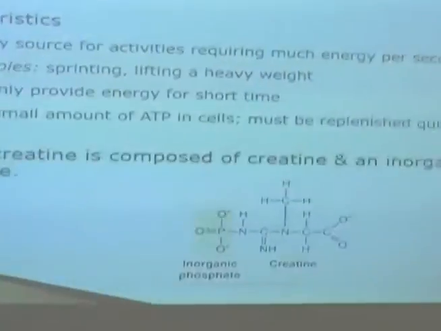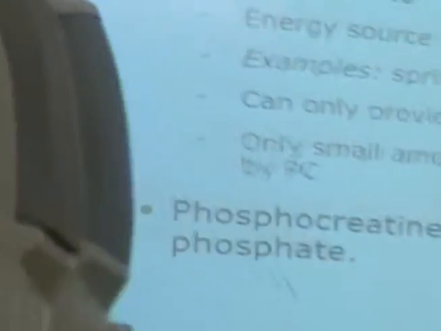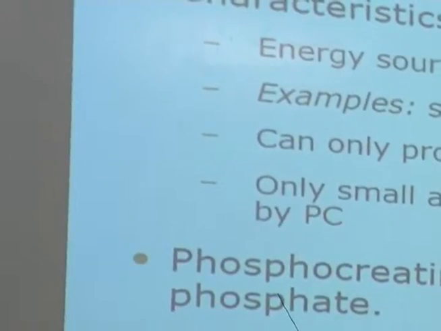So it's now PC, phosphocreatine. All right, phosphocreatine is another molecule that's in the muscle cell that holds energy. Okay, and we have generally enough phosphocreatine to do around 15 to 20 seconds.